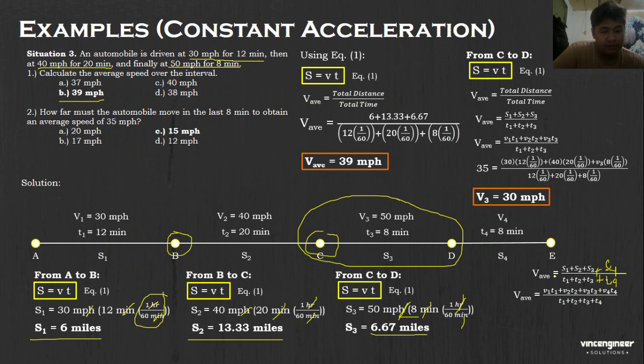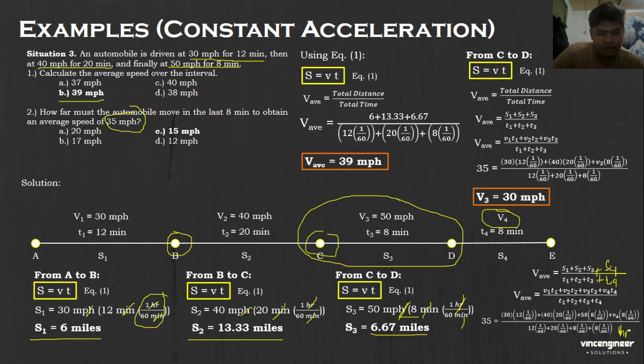Okay, so we substitute everything. 35 is the average speed, and we substitute 30 for V1 times 12, 40 for V2, 50 for V3, and V4 is what we are looking for, over the time of 12 minutes times 1 hour over 60 minutes to get the unit in hours.